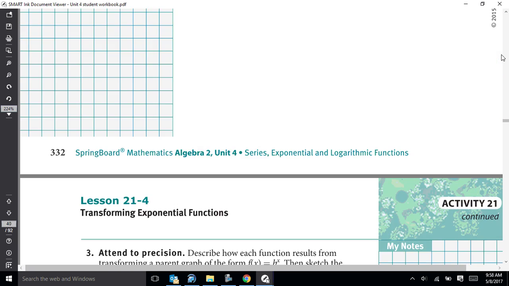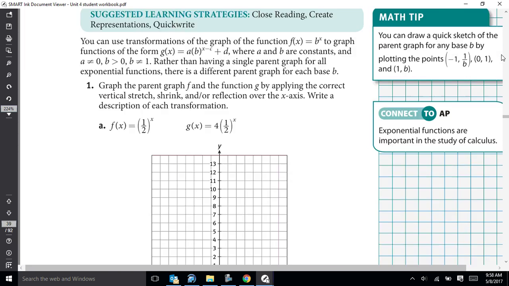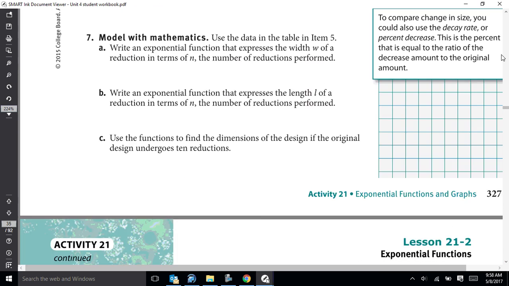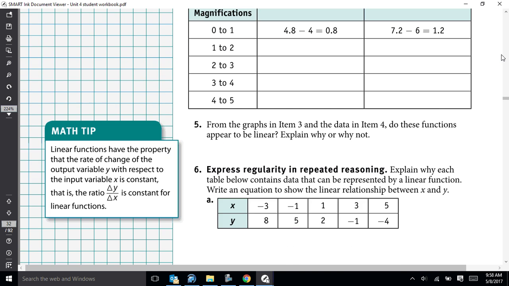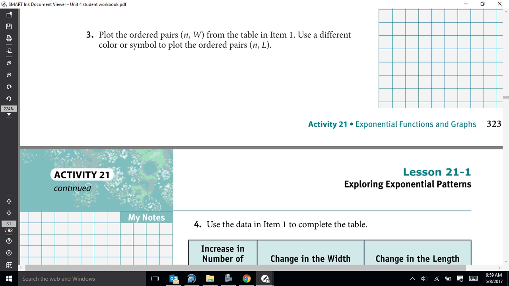Alright, so we went over that in, I want to say, 21.1. Then just put yes. You just put yes and then you write the equation if it's yes. If it's no, then you just put no.